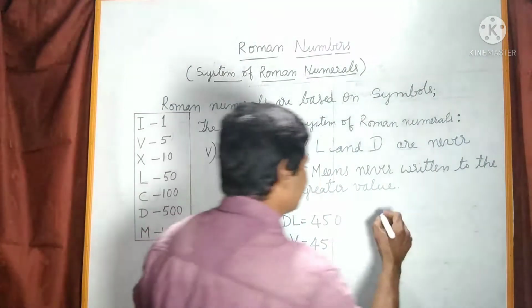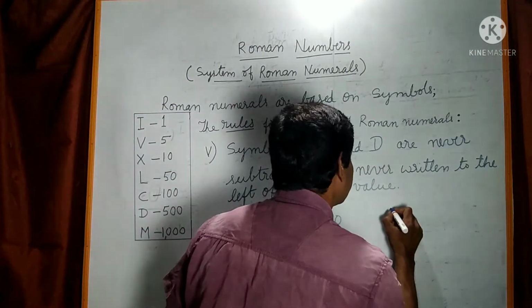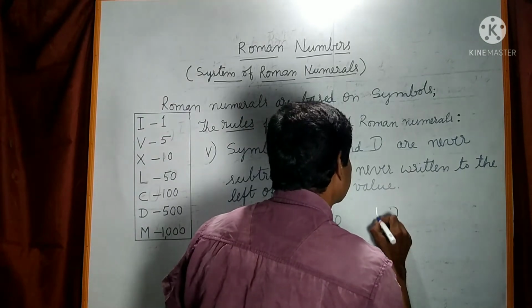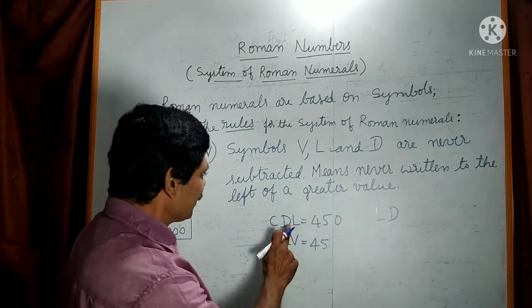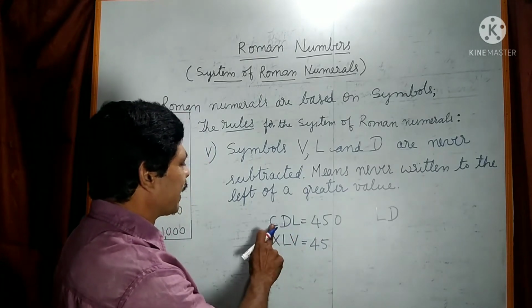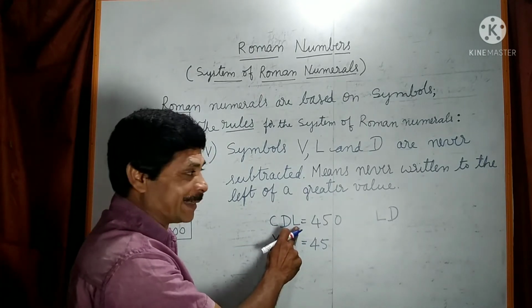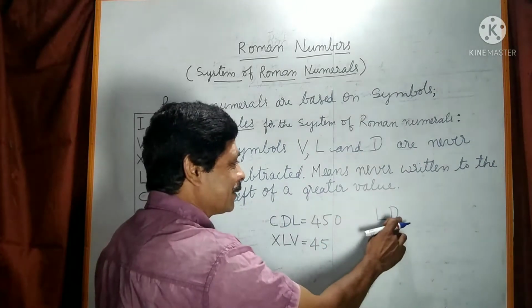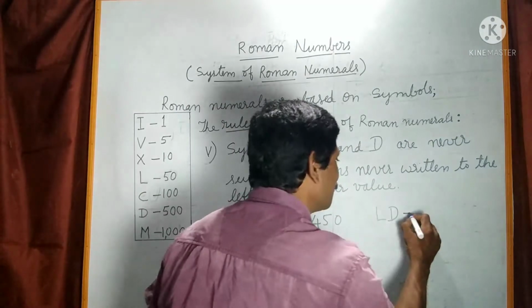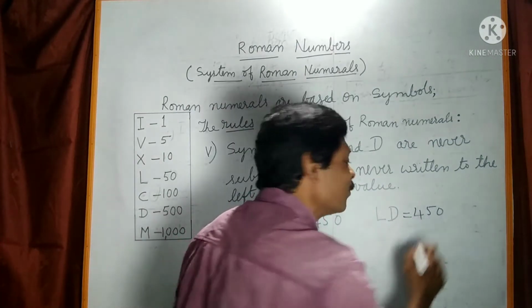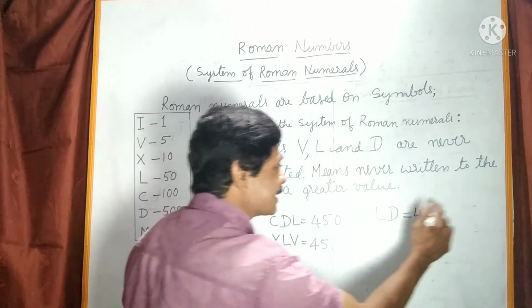We cannot write L D. We cannot write. See? C D is 400 plus 50. This is 500 minus 50 is equal to 450. We cannot write like this.